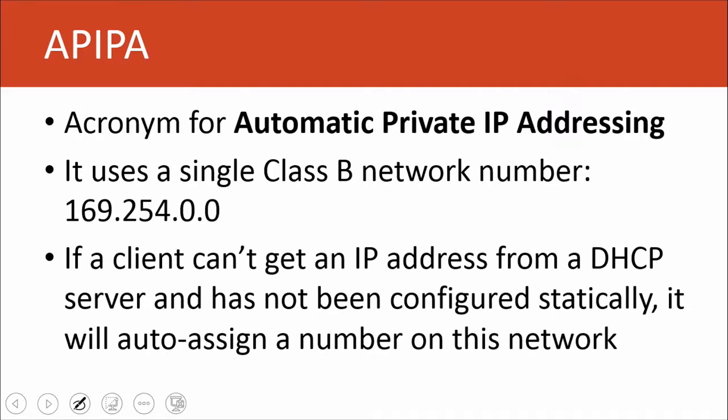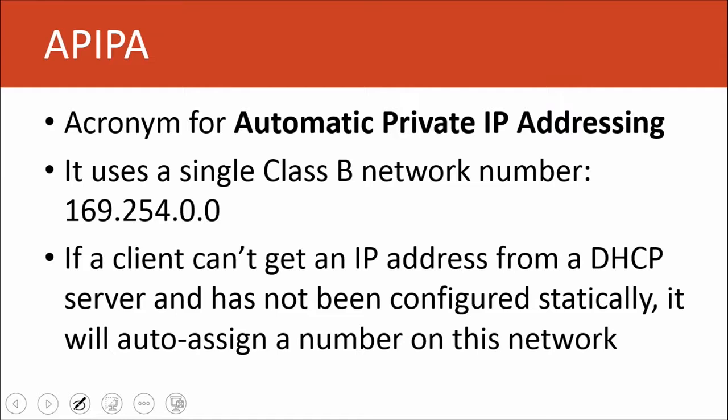So, all right. There's another reserved network, right? It's in Class B. It's called Automatic Private IP Addressing, or APIPA. If a client can't get an IP address from something called a DHCP server, which is a Dynamic Host Configuration Protocol server, and an IP address hasn't been configured statically, then it auto-assigns this number to itself on the network.